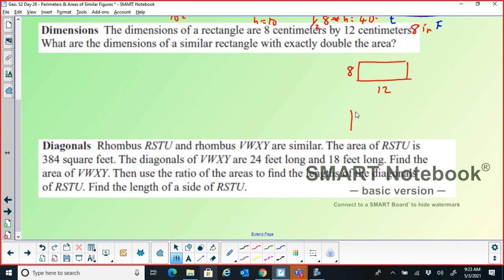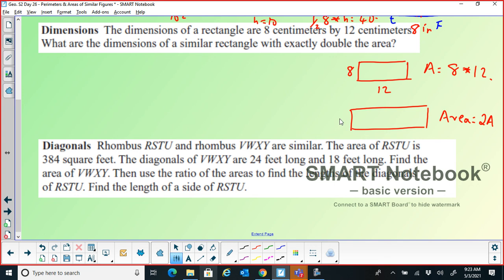I have another rectangle, and here area equals twice of A. Here A, area, equals 8 times 12. Okay, and you are finding the dimensions of the similar rectangle.